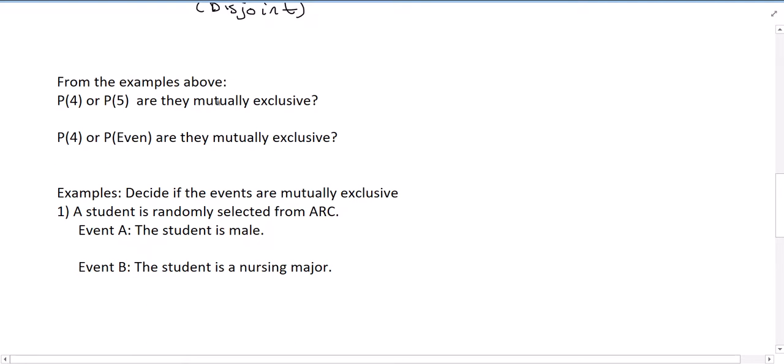So the events are event A, we can say, is getting a 4. I guess it doesn't matter which one I say first. Event B, getting 5. So then these, they cannot occur at the same time.